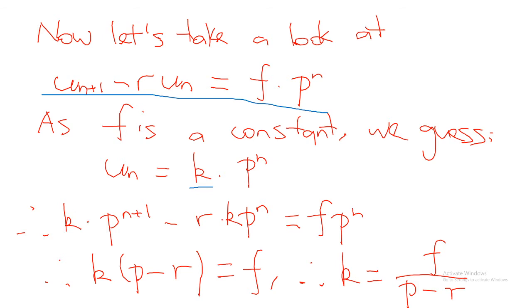So k times p to the n plus 1's power minus r times k times p to the nth power is f times p to the nth power. We can just remove the p to the nth power on both sides. So k times p minus r is f. So k is f over p minus r.